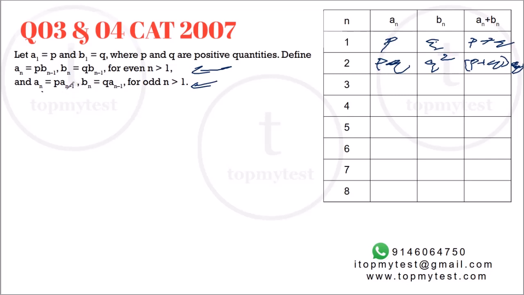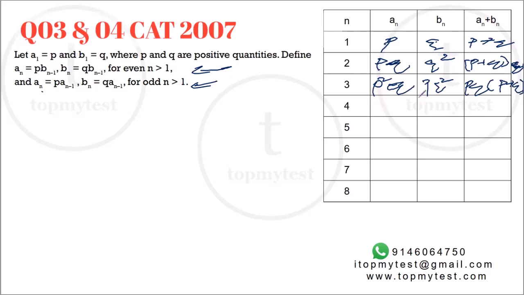It will be P times the previous A term. So that will be P square Q. For B, it will be Q times the previous A term. Q times this will be PQ square. Again, if I take PQ common, it will be P plus Q. PQ times P plus Q will be An plus Bn.